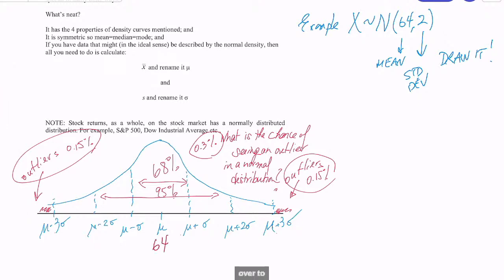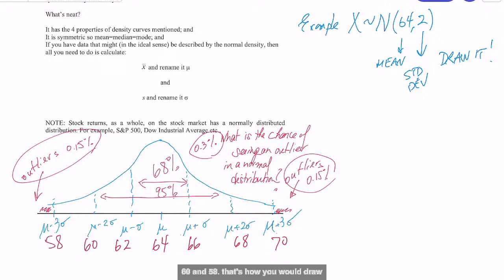Then you're going to move over to 66, 68, and 70, and then backwards it would be 62, 60, and 58. That's how you would draw that. Same shape with 99.7% in between. Okay.